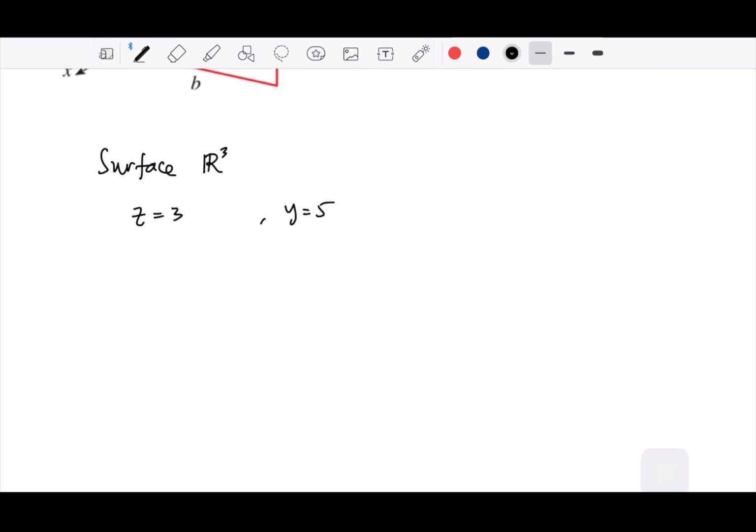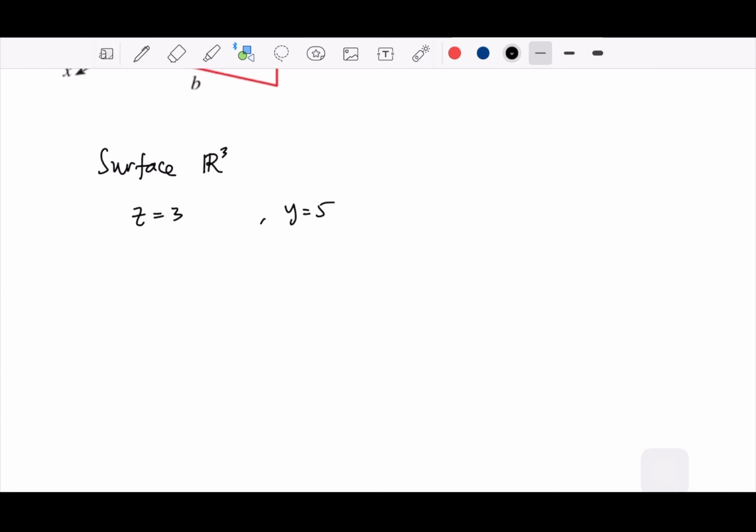Usually we have a line in 2 dimensions, and we can just draw the line based on the numbers. But now, since we have 3 dimensions, when we deal with z equal 3, this will give a surface, a solid surface. So let me draw.